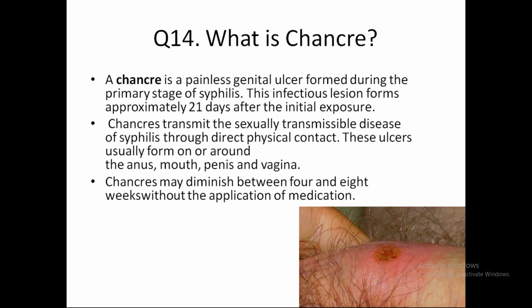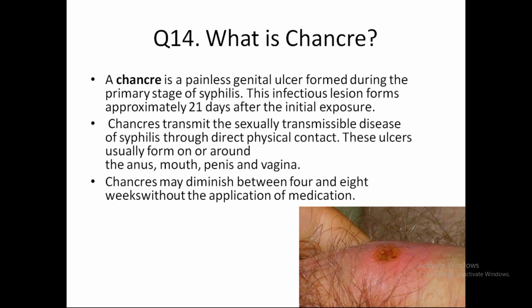So, what is a chancre? In syphilis, a chancre is seen. But what actually is a chancre? It is a painless genital ulcer formed during the primary stage of syphilis. This infectious lesion will stay for approximately 21 days.